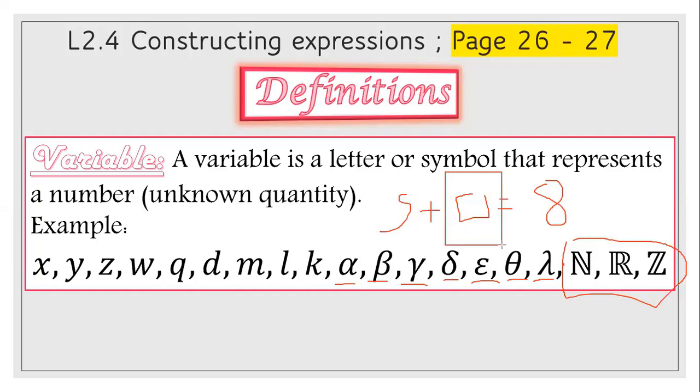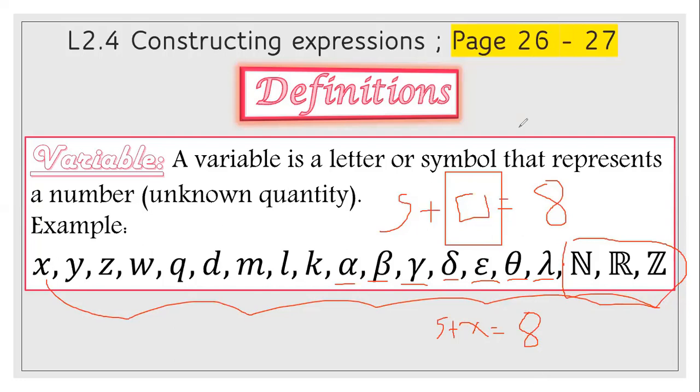Till grade 5 or 6. But right now, instead of putting a box, I'm going to write one of these letters instead. So I will say 5 plus x equals 8. What's the value of x? This is one of the ways.